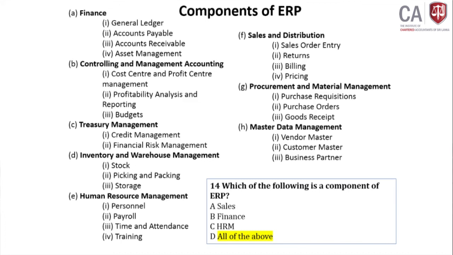ERP means what I explained on the board: it integrates all the functionality of the organization using a central database, and other systems already developed in-house can also be integrated. Then that can become one ERP that serves the organization's requirements.